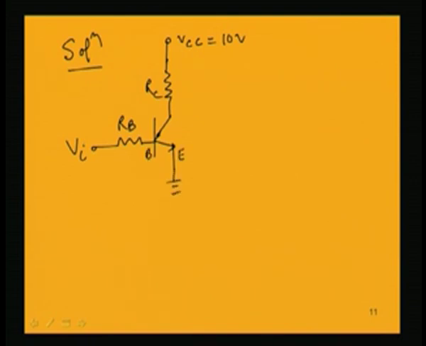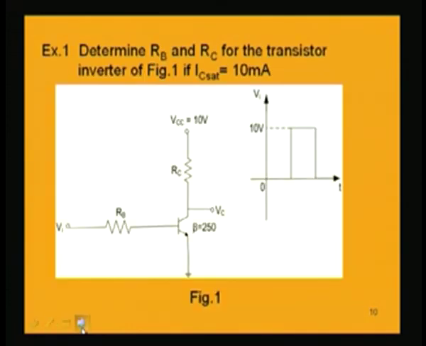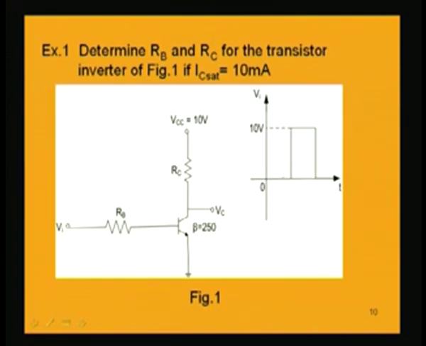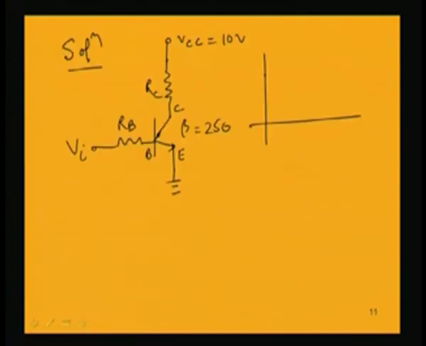Given beta is 250 and input voltage is between 0 and 10 volt. Initially it is 0, then it becomes 10 after some time. This is the input voltage across time.